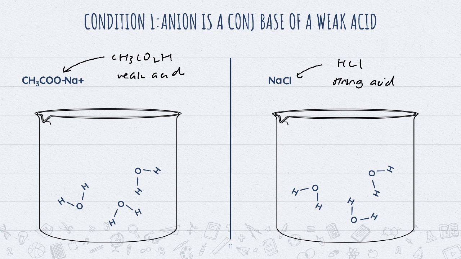So remember the relationship that we have learned just now. When there's a strong acid, its conjugate base has to be weak. And if you have a weak acid, your conjugate base has to be strong.